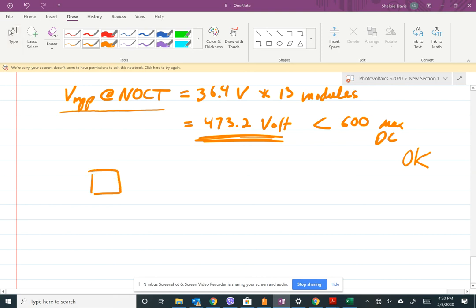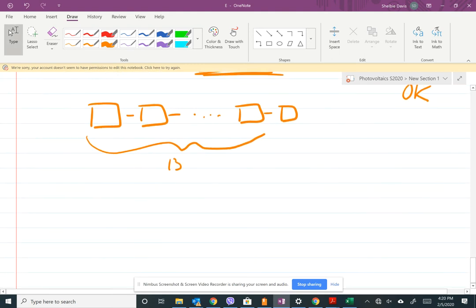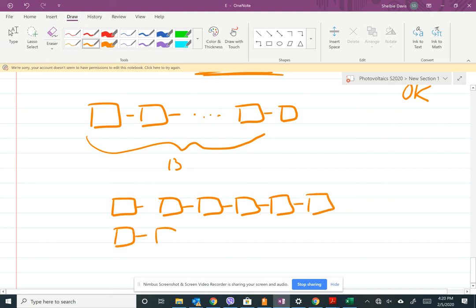So the configuration would be, you have 13 like that. Okay. What I was saying was if you had to divide it up, it'd start to look like, that's not a square.